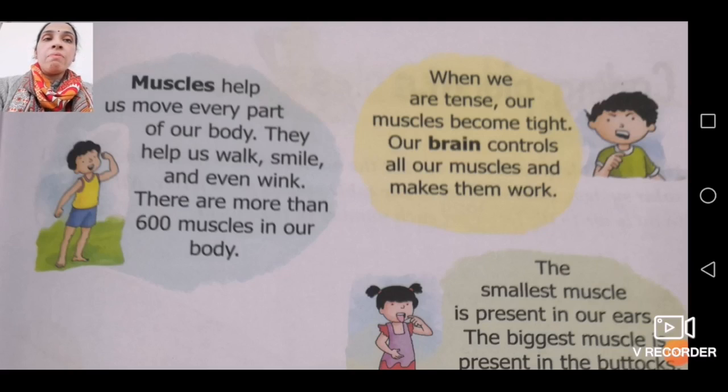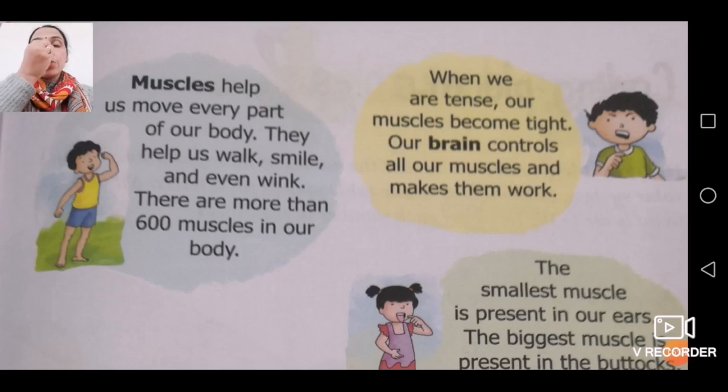So when we are tense, our muscles become tight. That is an important feature: whenever we get tense, हमें कोई टेंशन है, कोई प्रॉब्लम है, something has happened, तो हमारी मसल्स टाइट हो जाएंगी. And most of the body muscles are controlled by the brain. कौन कंट्रोल करता है, ब्रेन कंट्रोल करता है. And they help them to make their work.